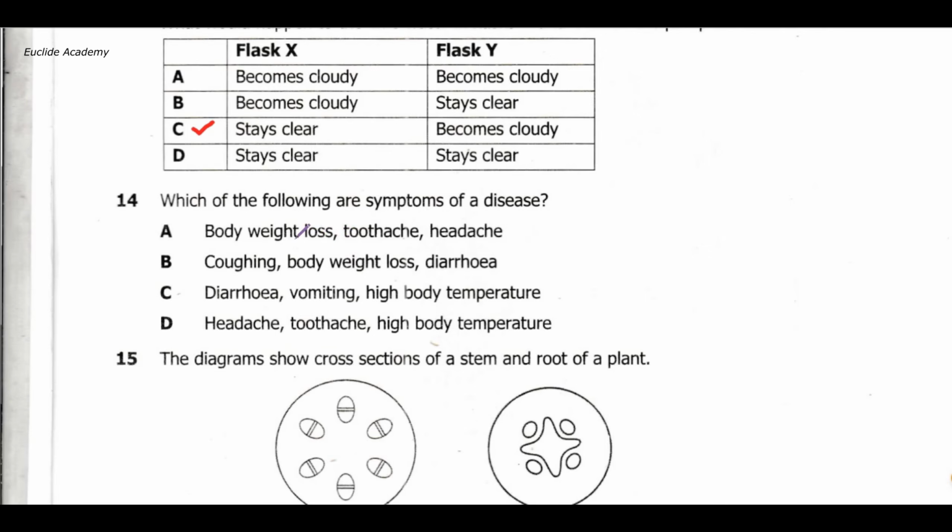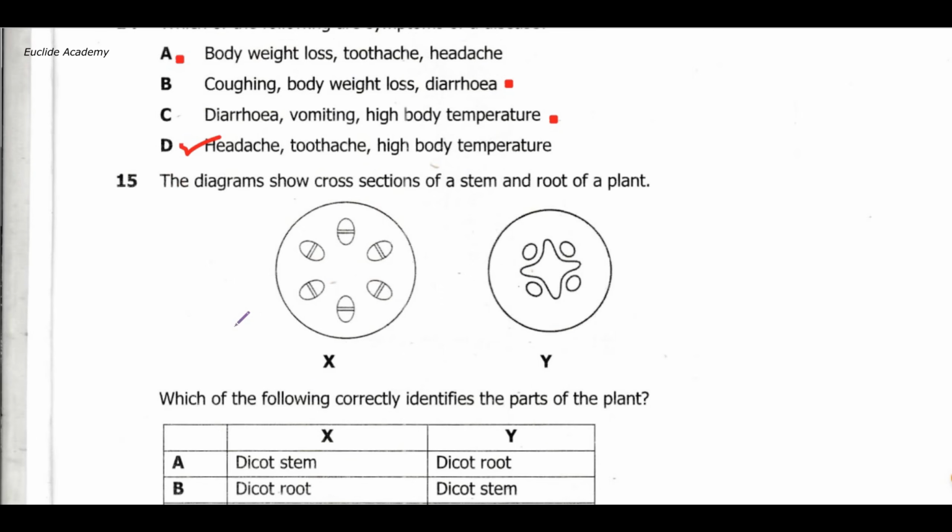Someone can observe that you've lost weight, so it's not a symptom, it's a sign. Coughing is the same situation. Diarrhea, vomiting, the same situation. But headache, toothache, and high body temperature are things only you can feel or be aware of. So these are symptoms. They're not easily recognizable.